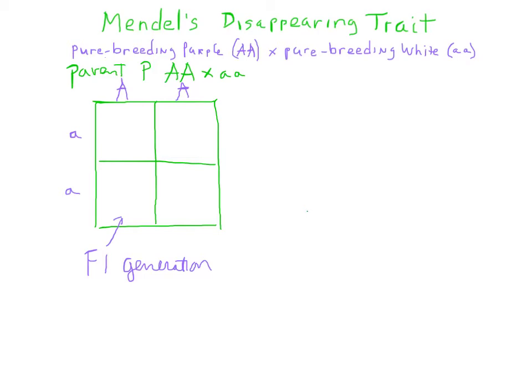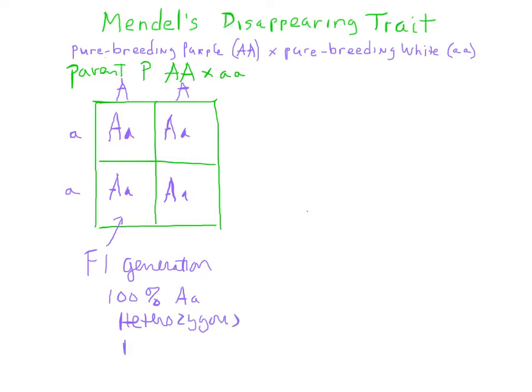The results from the cross yield an F1 generation that are all identical. They're all big A, little a. And we could say that 100% are big A, little a, which is heterozygous.